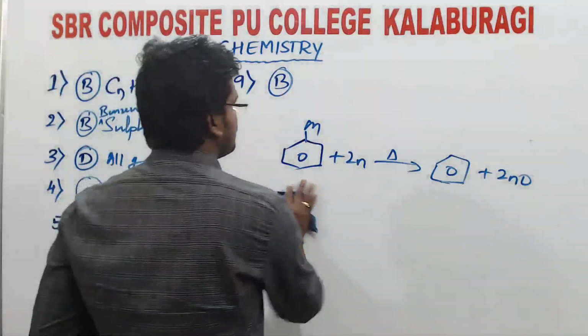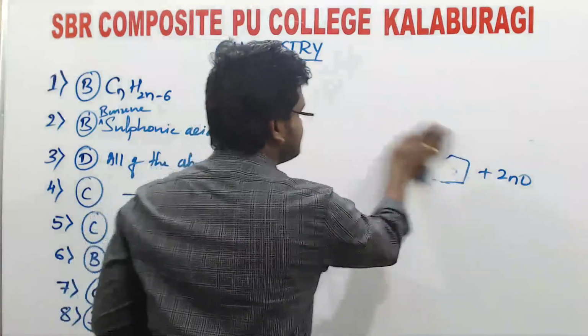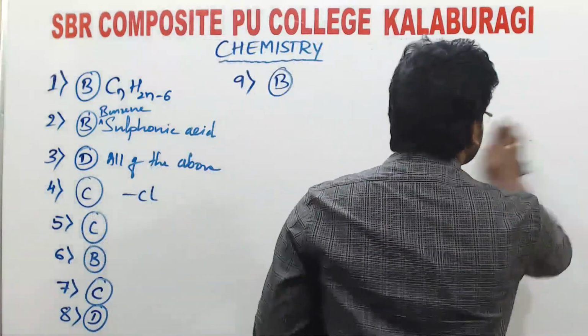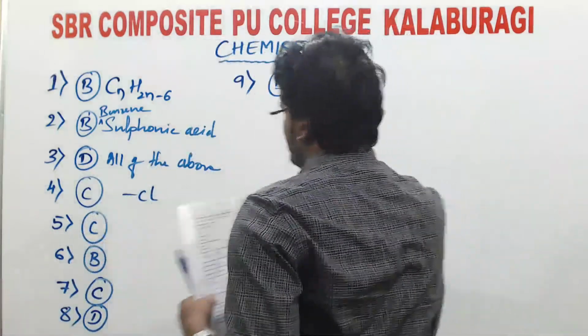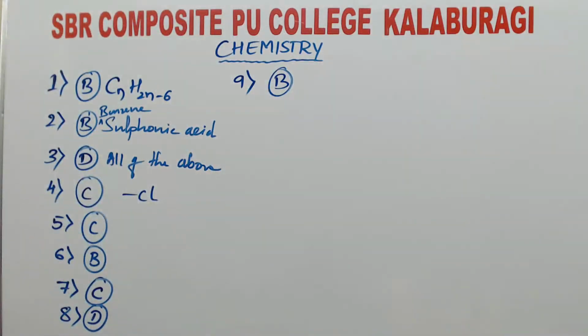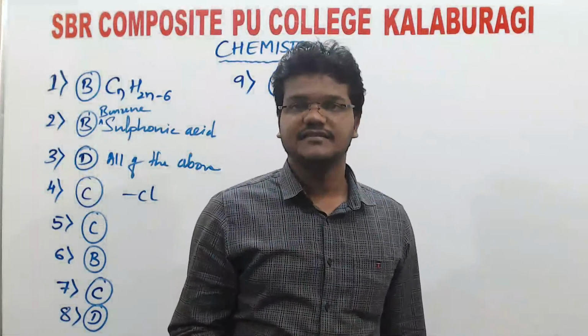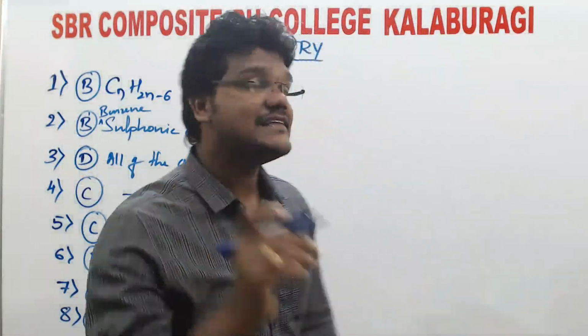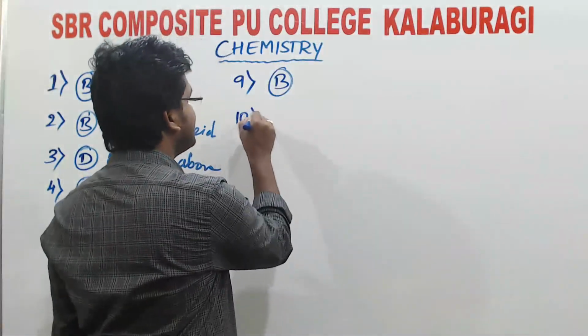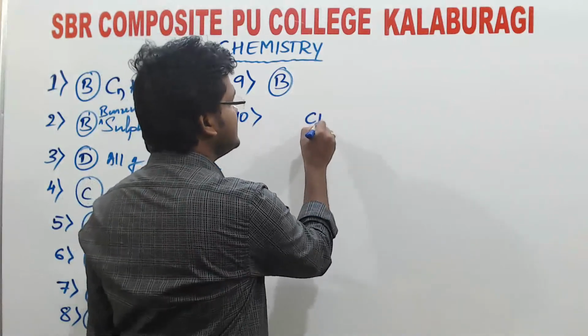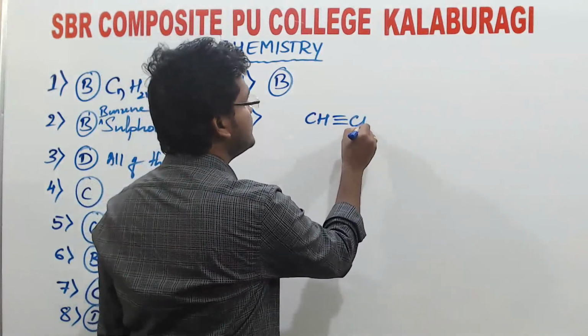Correct? So let's go for the next one, my question number 10. Acetylene on polymerization gives what? Acetylene is nothing but CH triple bond CH.